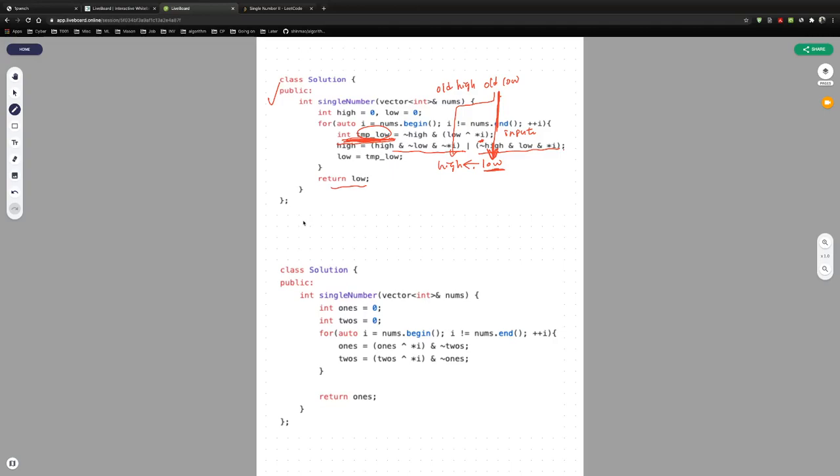So we need to store it into a temporary variable first. For the second line, we can depend on the old version of the low bit, and then here put the temporary value into our low bit again. Okay, so this is the first version, the first version solution of the truth table.